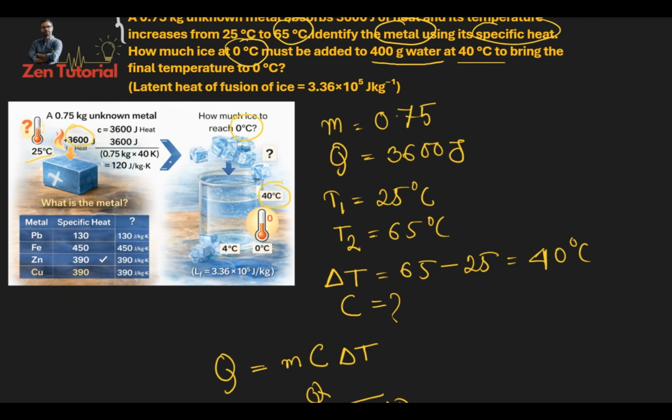We have to add as much ice as needed, and the mixing temperature will be 0 degrees Celsius. This is our target. So what we have to calculate is the amount of ice, it means the mass of ice. And obviously the latent heat of fusion of ice is 3.36 into 10 to the power 5 joule per kg.